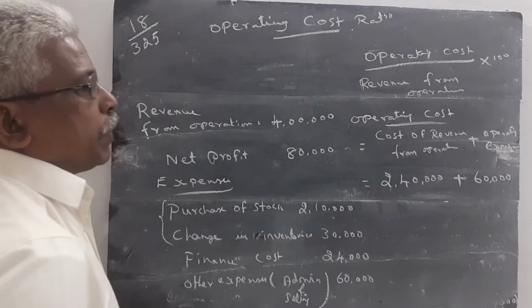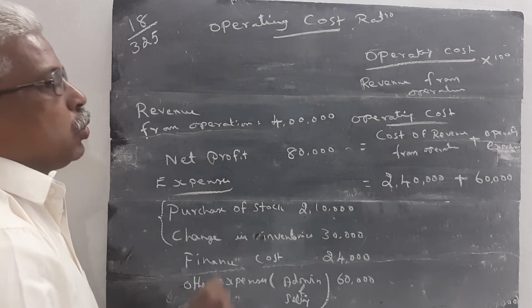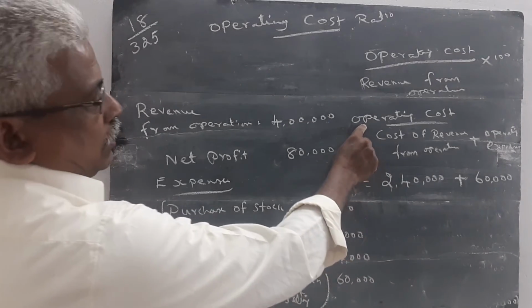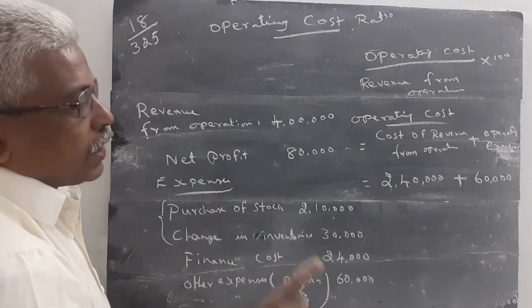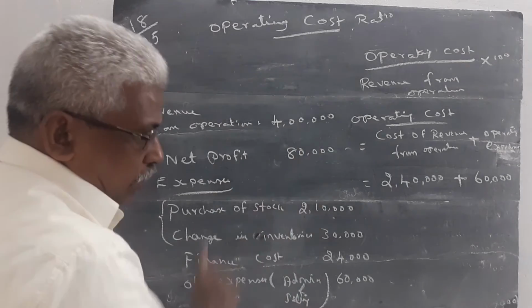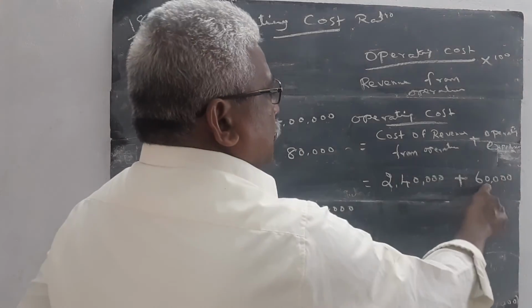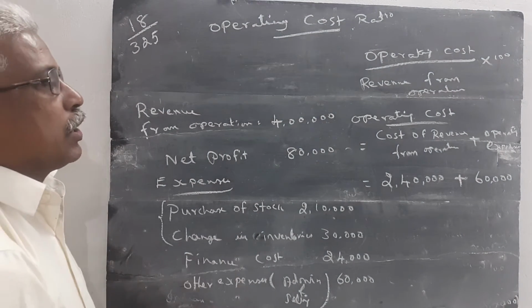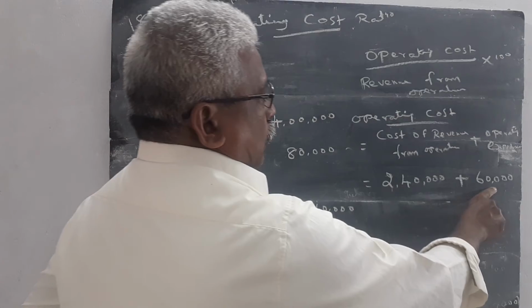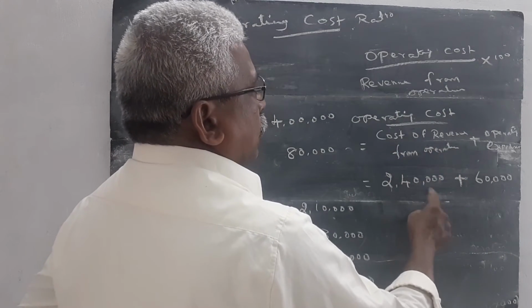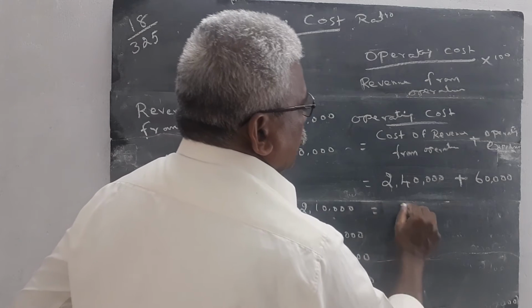Cost of revenue from operation is equal to 2,40,000. 2,40,000 plus 60,000 is equal to operating cost. The finance expenses are not taken into consideration. So operating cost is equal to 3 lakhs.